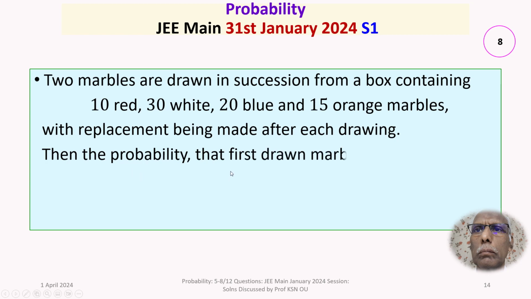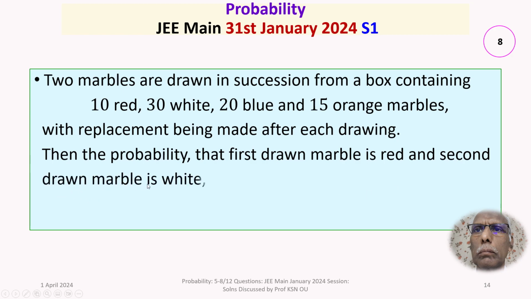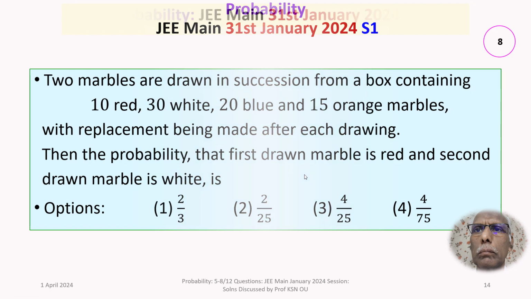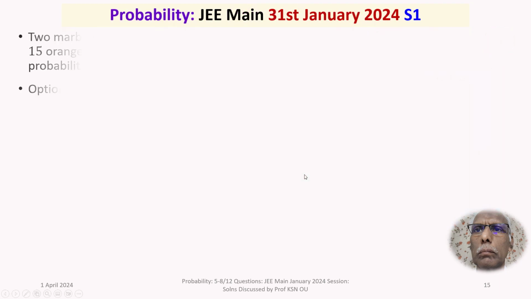Then the probability that the first drawn marble is red and the second drawn marble is white is, we are given 4 options. You are required to find the probability that the first drawn marble is red and the second drawn marble is white. Agreed. Let's now discuss the solution of the problem in detail.